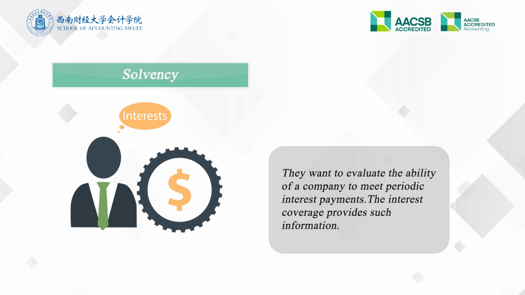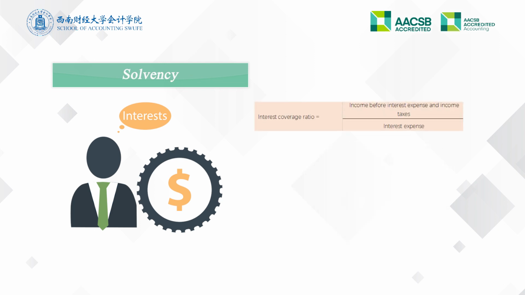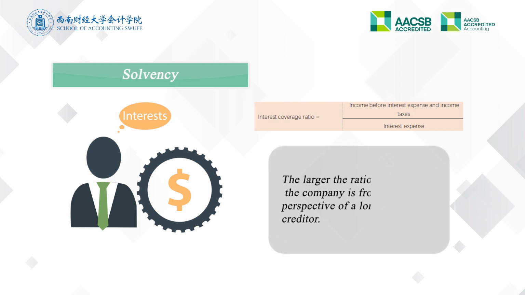The interest coverage ratio provides such information. It is calculated by dividing earnings before interest and taxes by the interest expense. The larger the ratio, the less risky the company is from the perspective of a long-term creditor.